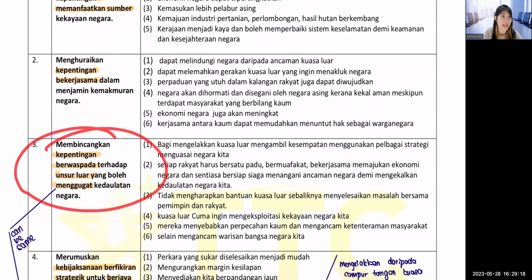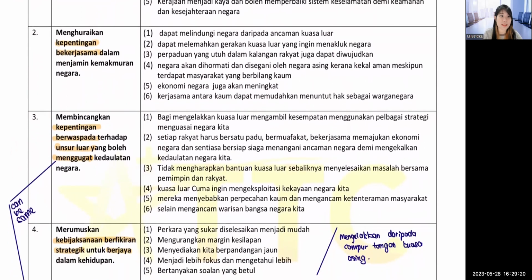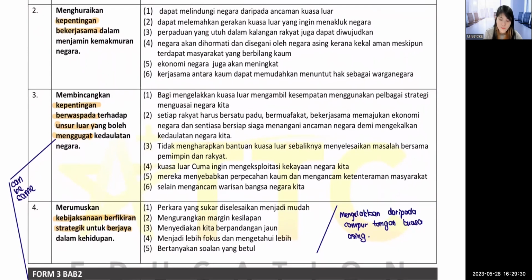Then number 3, this is talking about the importance of being careful towards other countries which threaten our country. Then you can say, prevent them from taking advantage to take over our country.